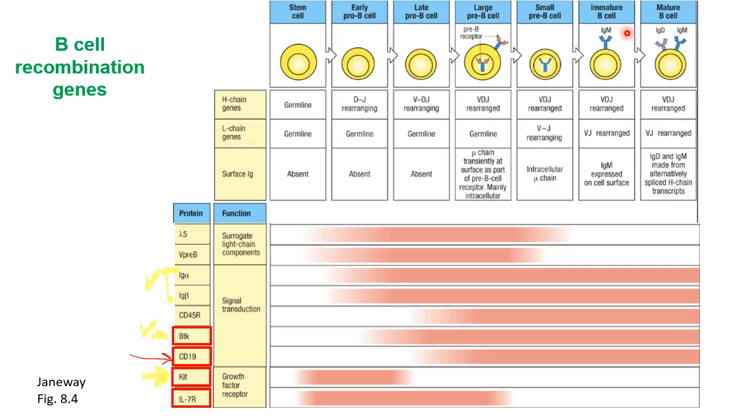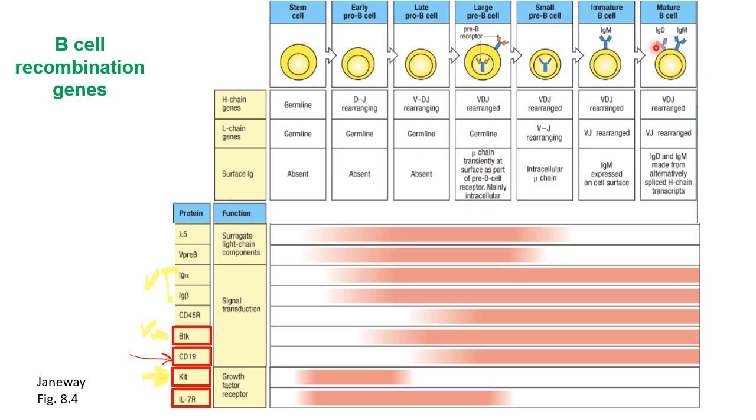So what happens here is that the B cell, once it has IgM, is going to get signals that it can leave the bone marrow and go to the periphery. So the B cell leaves and it goes to the spleen.